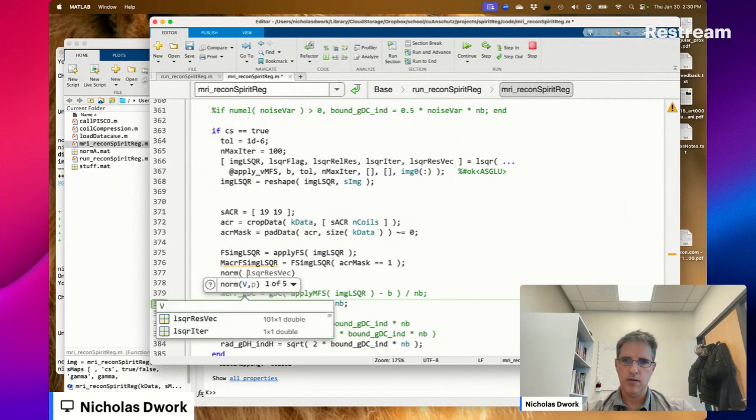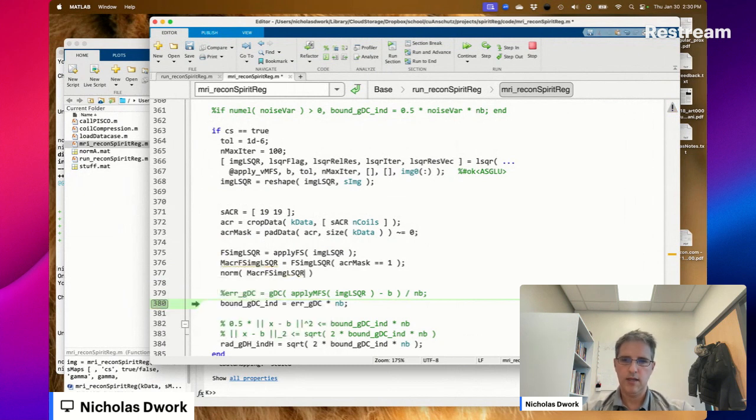Norm of that minus ACR squared divided by sum ACR, divided by num ACR. ACR error is equal to this.